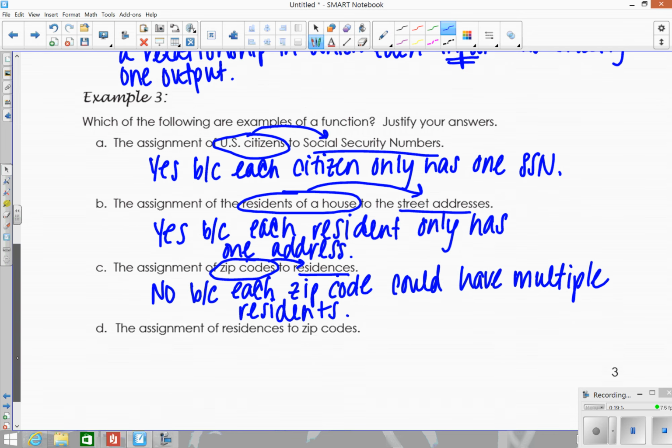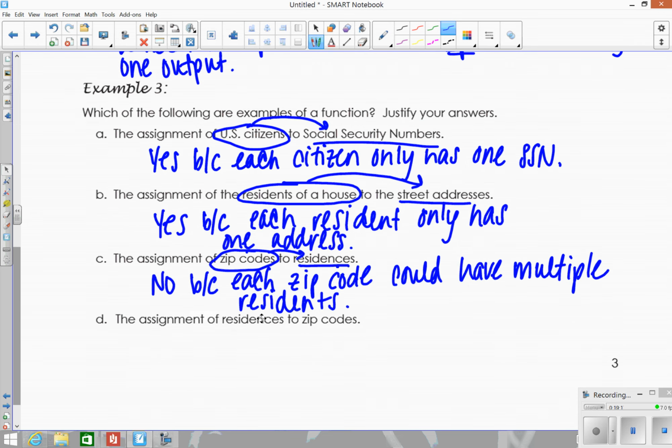And the last one here, what if we flip the order? Now what if we say residents to zip codes? Again, assuming that each person only has one permanent address, so they're living in one house full time, they would only have one zip code. Wherever I'm living, I have one zip code, and that's it. So this would be a function if you flip it, because now we're talking about the one person having the one zip code.